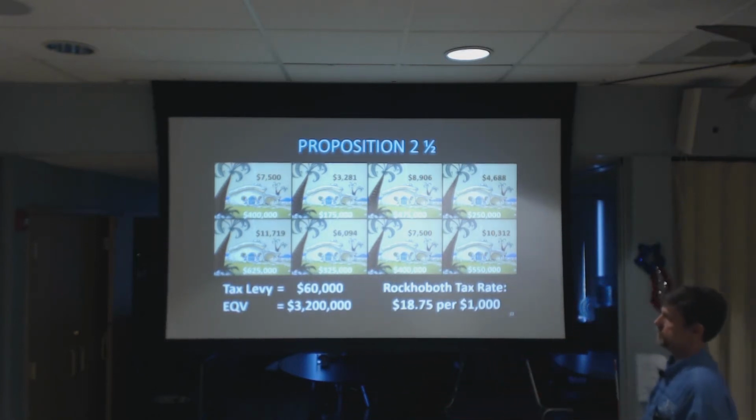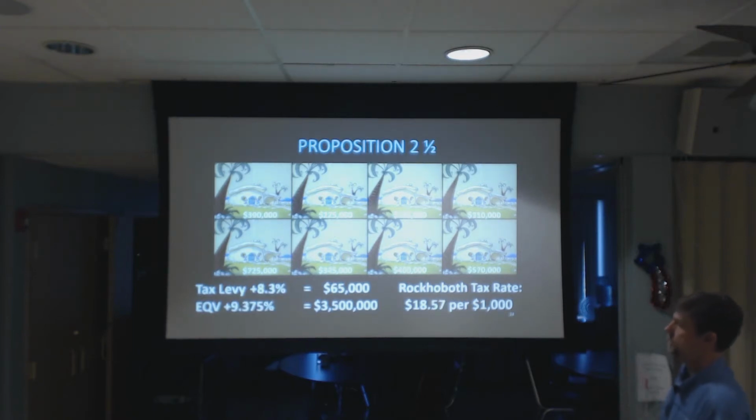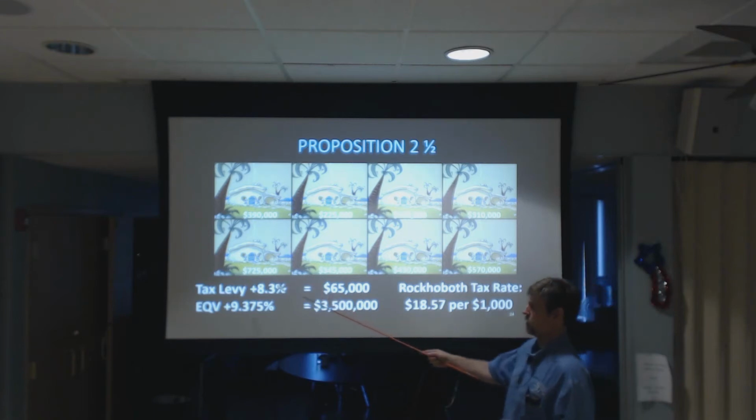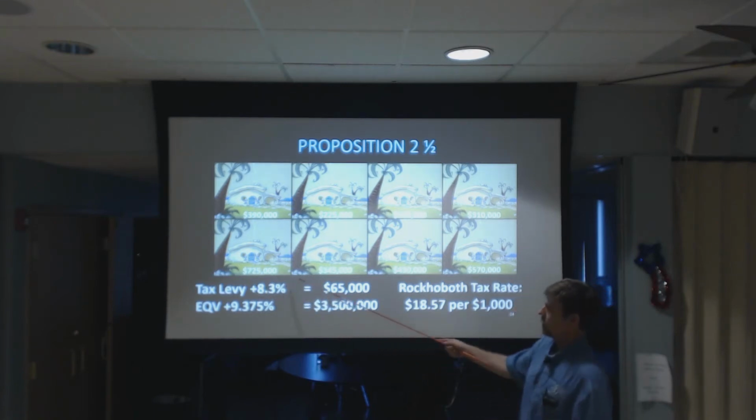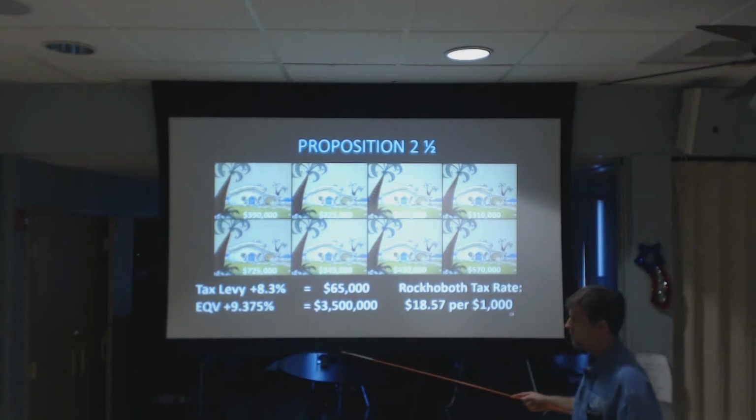So what happens next year? Well, what might happen next year is we might go through a lot of new growth in town. We might have passed an override. We had some changes to the tax levy such that the tax levy actually goes up 8.3% to $65,000.